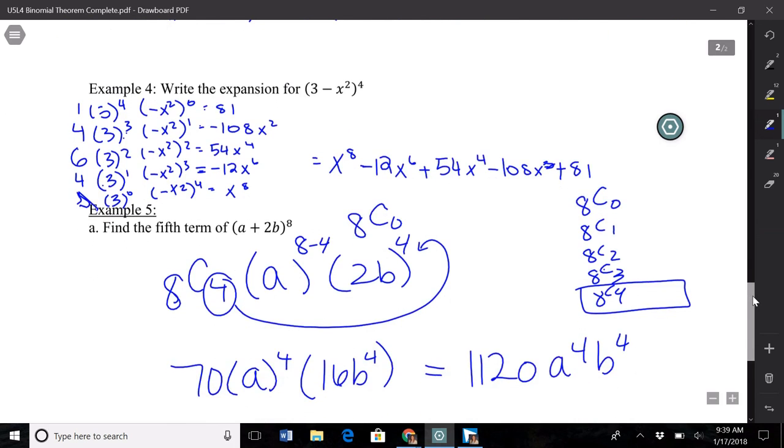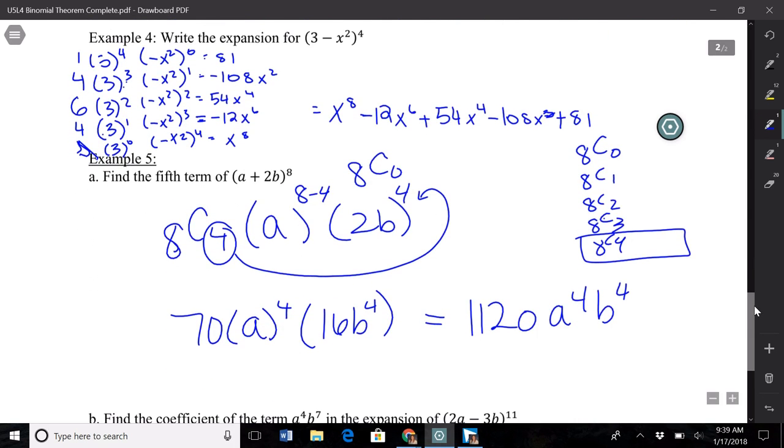If we only need to find a specific term of a binomial expansion, the way I like to do this is, say I need the fifth term. But remember, when we count with Pascal's triangle or with the combinations, we always start with 0. So the fifth term would actually be 8C4, because 0, 1, 2, 3, 4 would give us the fifth term.